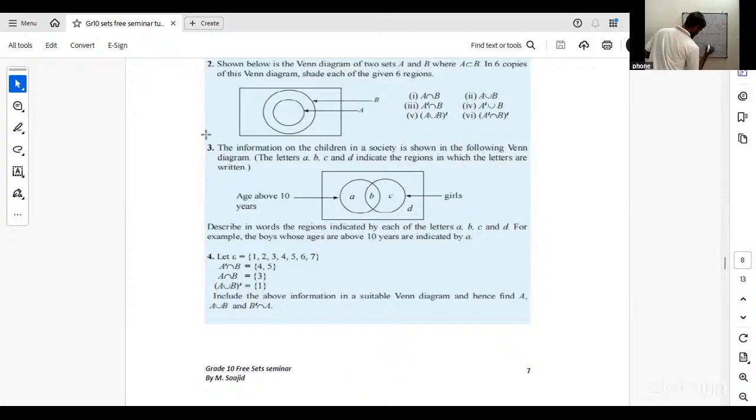Why is that? I explain. And B region is the girls whose age is above 10 years.